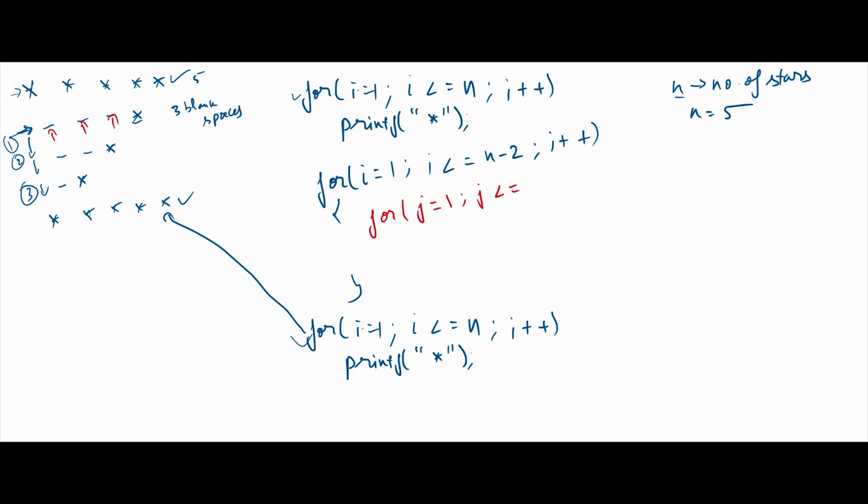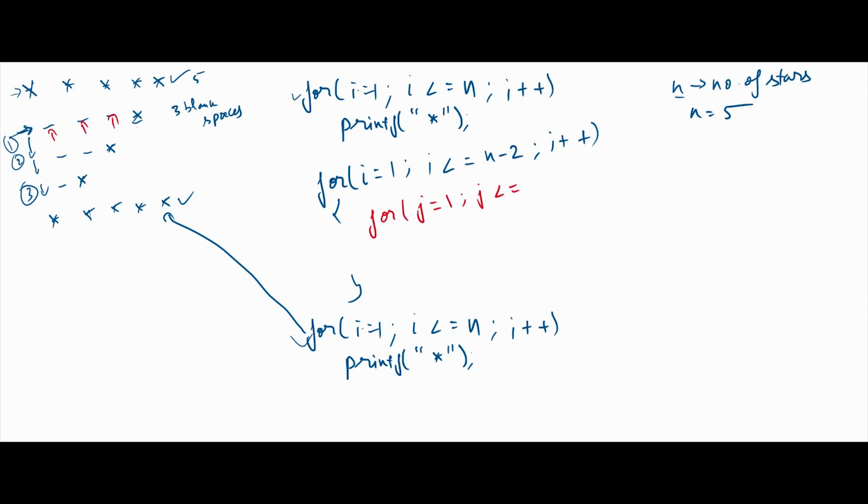So when the number of stars is 5, we are printing 3 blank spaces, that is 5 minus 2, and 1 star. It will move through 3 blank spaces and then print a star, and in the next level it will again move through 2 blank spaces and then 1 star.